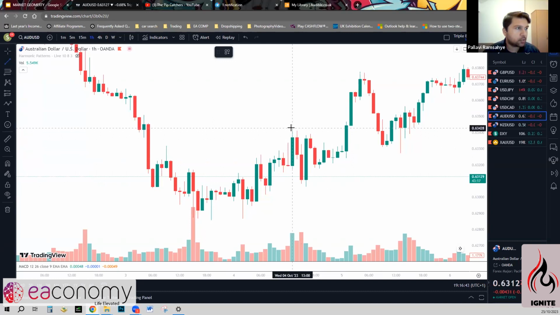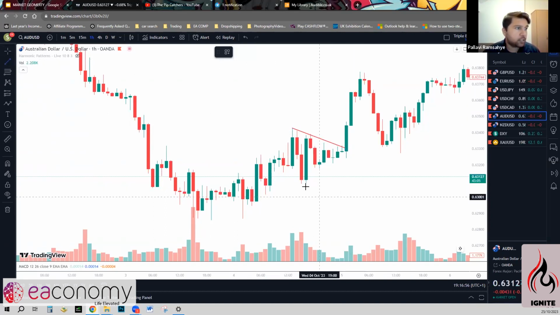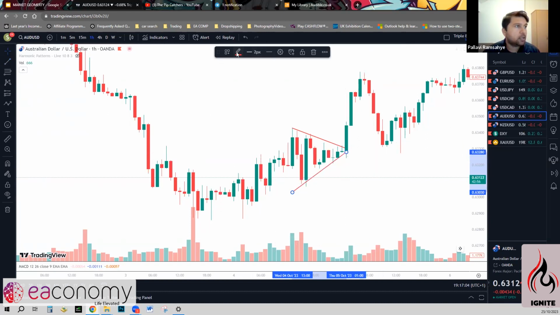So here, here, and that's the resistance trend line, and then we're just going to place the support trend line. Let's put that there, and then let's change that to green. Perfect.